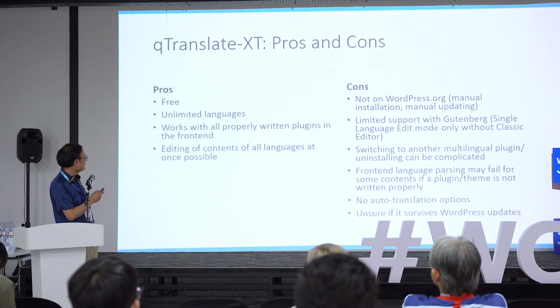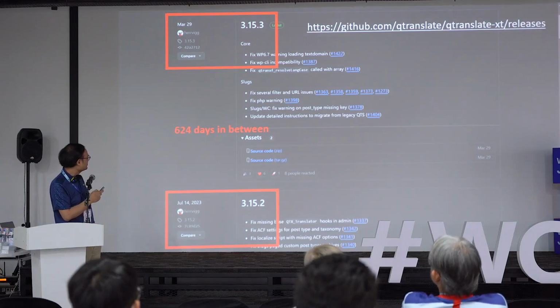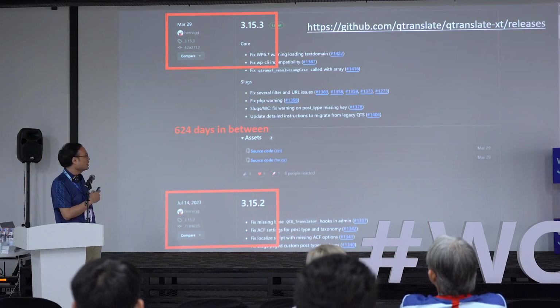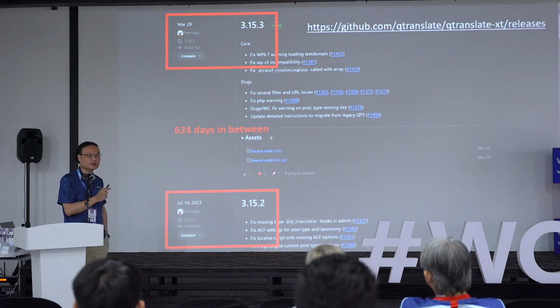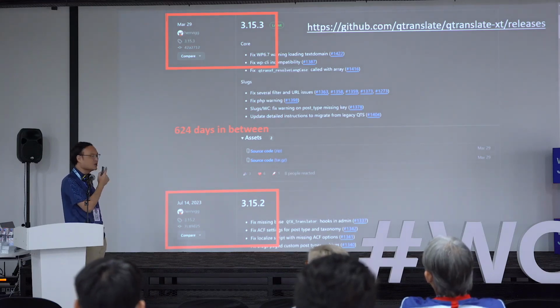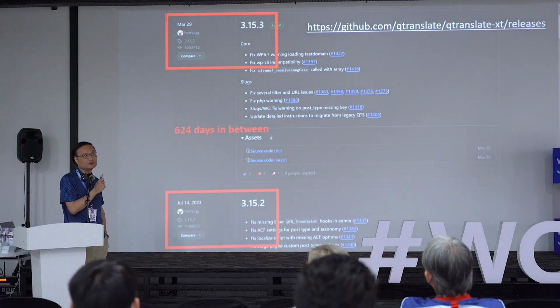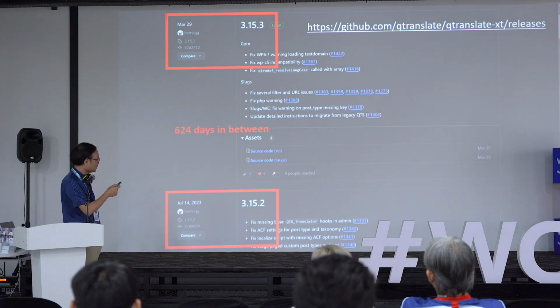The reason is that for the last 2 minor updates, there was a gap of 624 days in between. The author says that he has other life priorities, but he is not giving up on the plugin. So I think maybe we can use it until Gutenberg Phase 4 is out for multilingual websites.